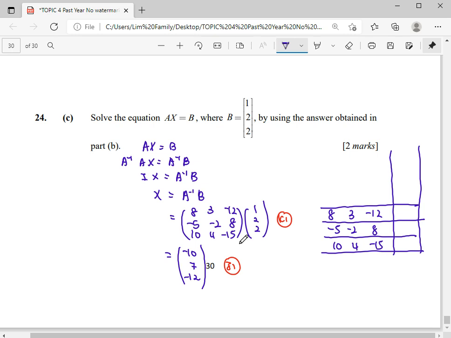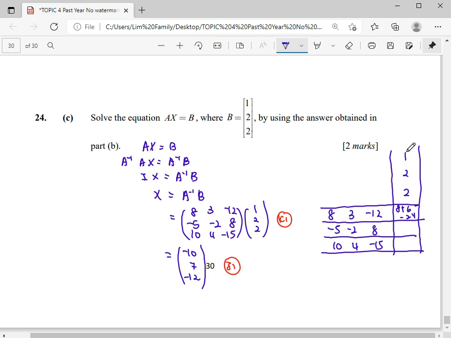And then for the second matrix, we take column, means we have one column only, 1, 2, 2. So how to multiply? We will, the first entry with first here 8 plus 6 minus 24. So that's we go for negative 10 here.